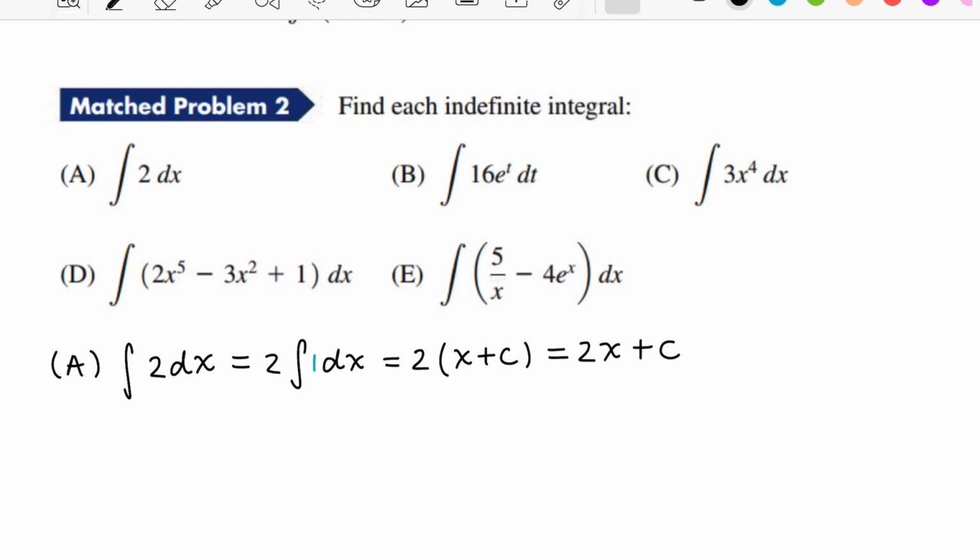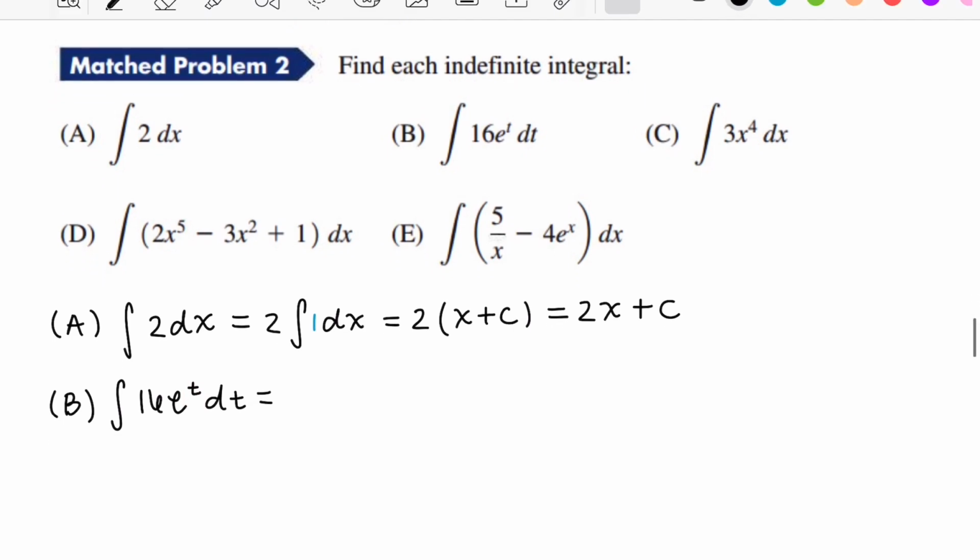All right, looking at b now, we're going to take the integral of 16e to the t times dt, or with respect to t. In this example, this dt indicates that we're integrating with respect to the variable t now. So we're going to do the same thing, we're just now working with respect to t.